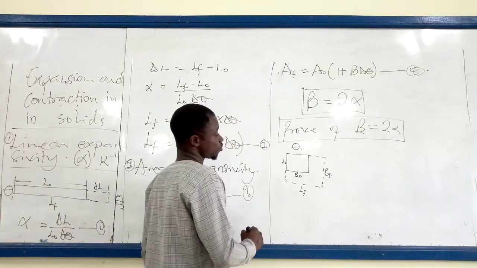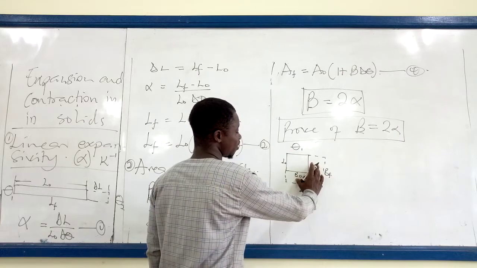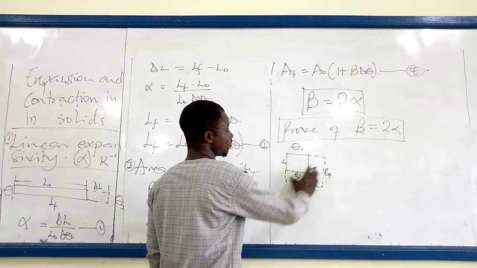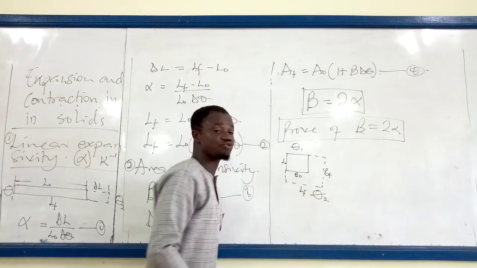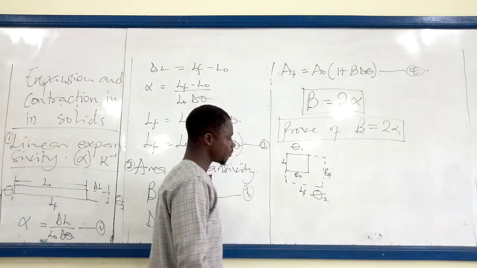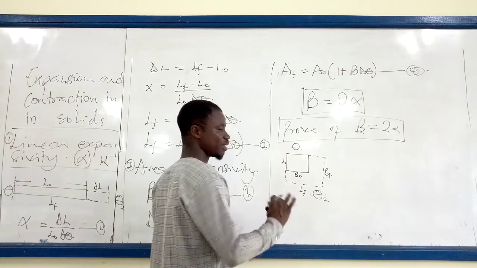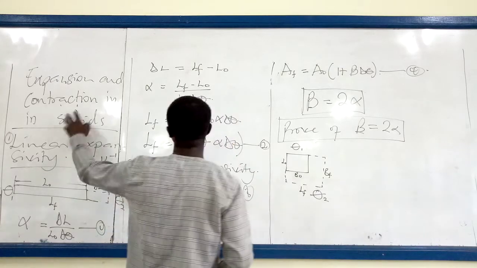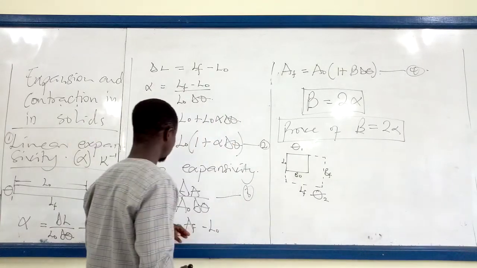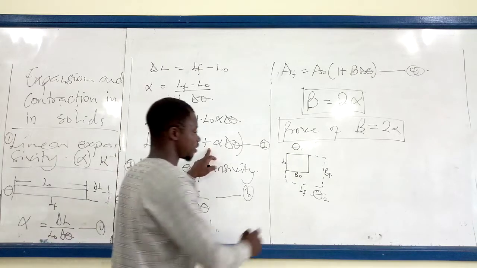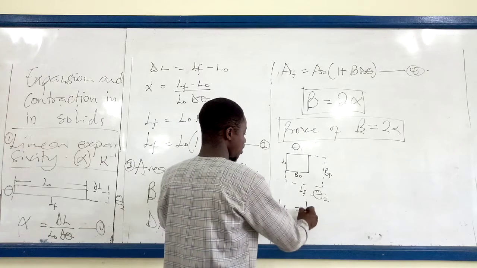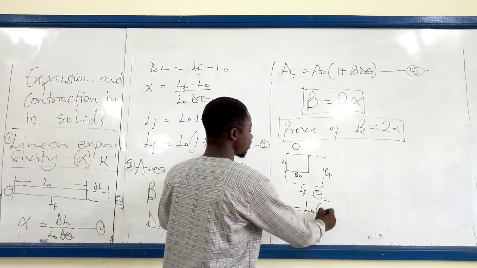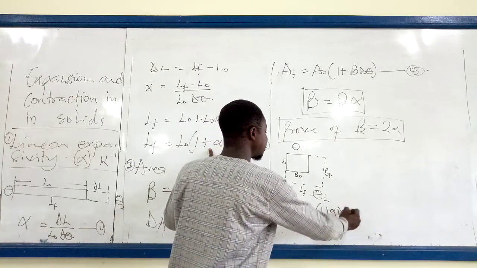So this final change in the material is happening at temperature θ2. From the principle of linear expansivity, from this relation, we say LF is equal to L0 into bracket 1 plus alpha delta theta.